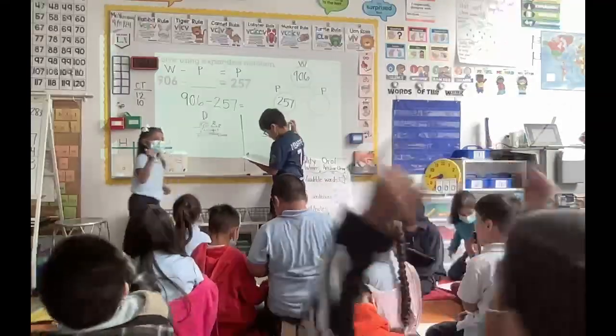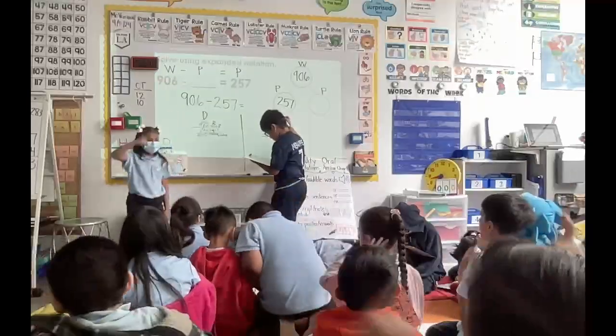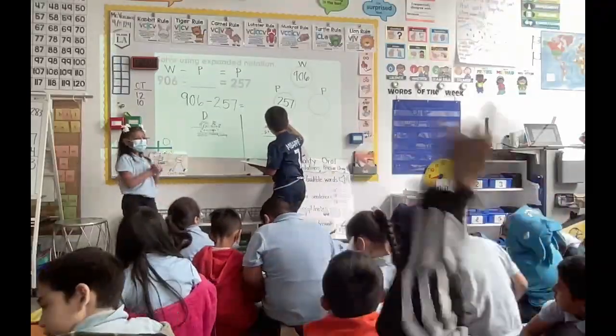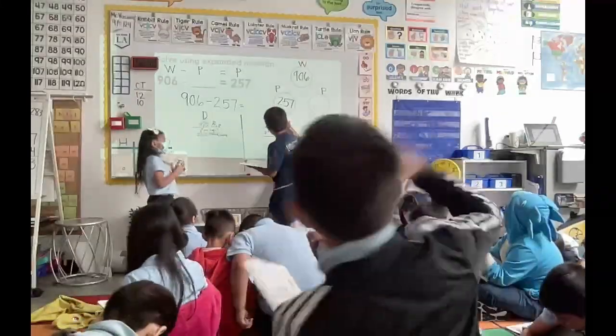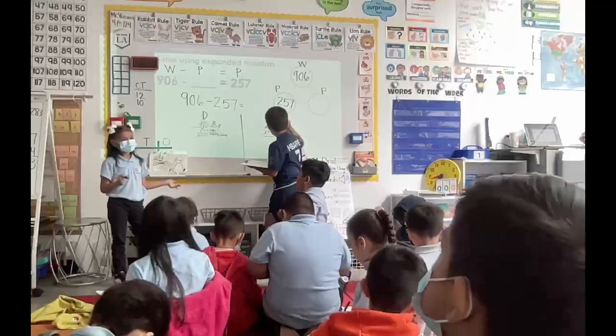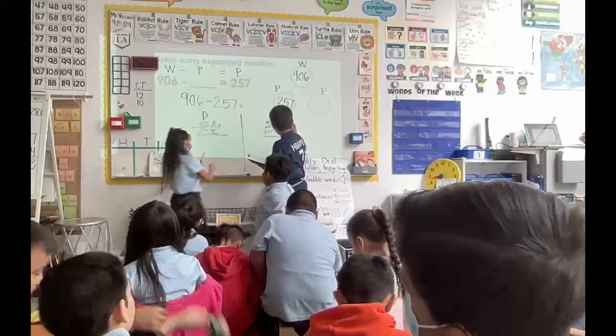Ooh, I see that Neymar noticed that he does not have enough tens, so he had to go to his hundreds to get some more tens first. Yeah, go ahead and wait. But can you write your answer a little bit bigger? Yep, in that space.